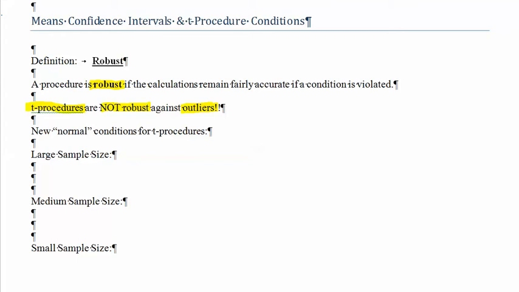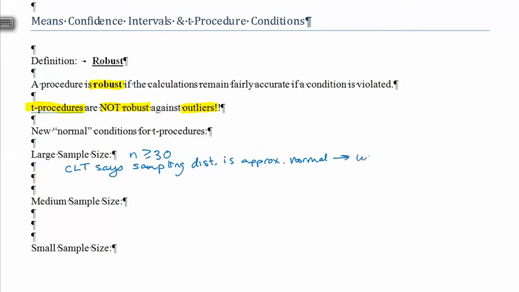So we have new normal conditions for t-procedures based on sample size. If the sample size is greater than or equal to 30, that's a large sample size, and the central limit theorem says the sampling distribution is approximately normal, and so we can use t-procedures even if the sample is skewed.